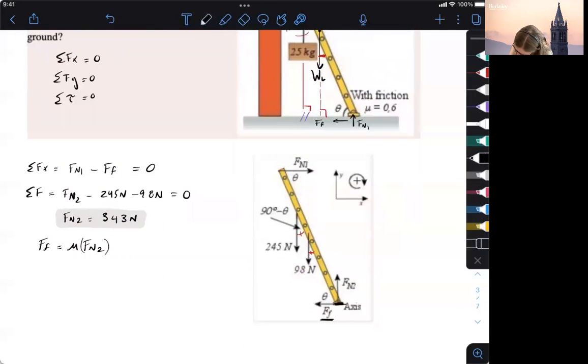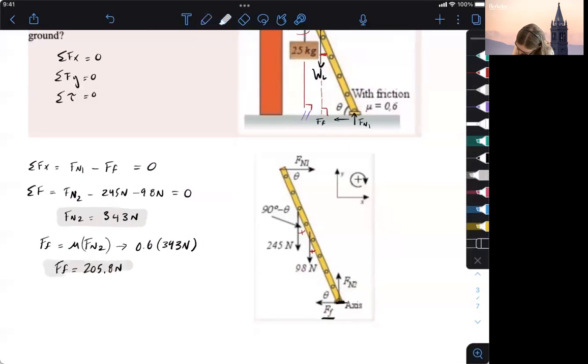So I can go ahead and solve for that one, 0.6 times 343 newtons, and I get my frictional force. I'm just taking these right away because they're easy, trying to find the easy values first: 205.8 newtons. Okay, so I solve for this guy.